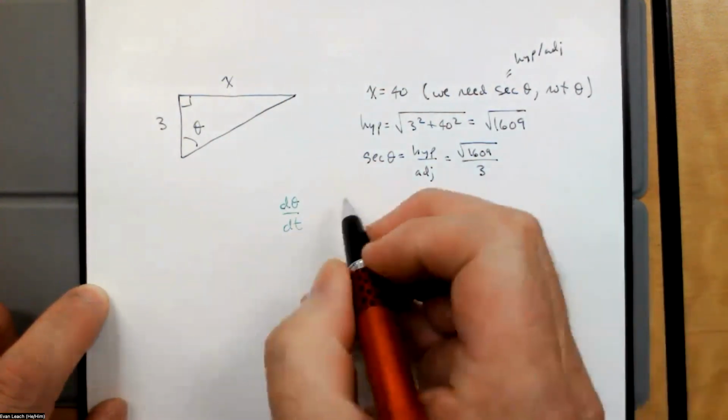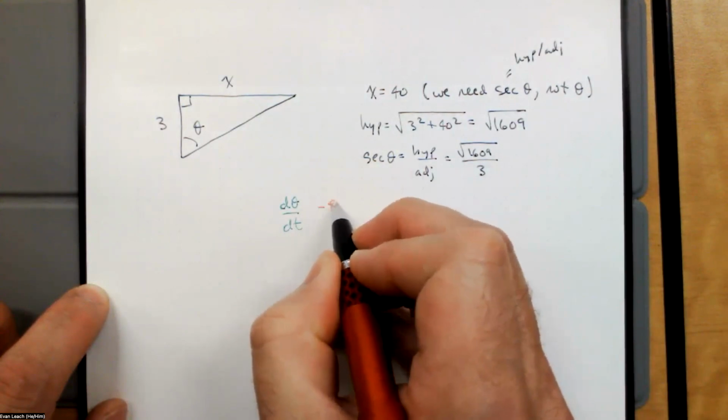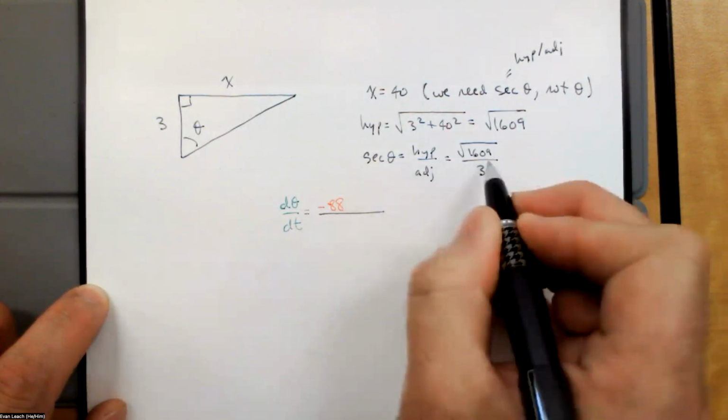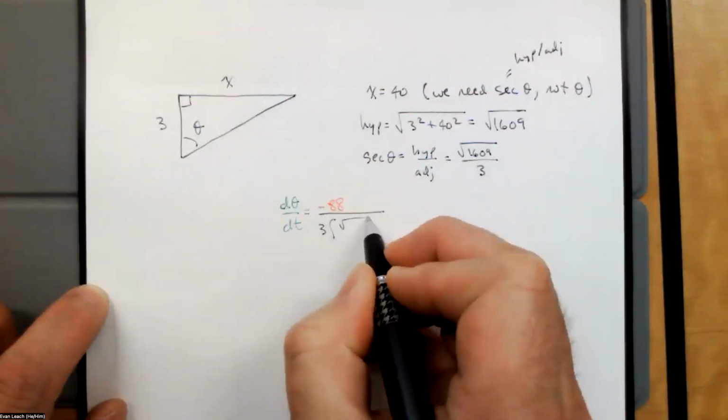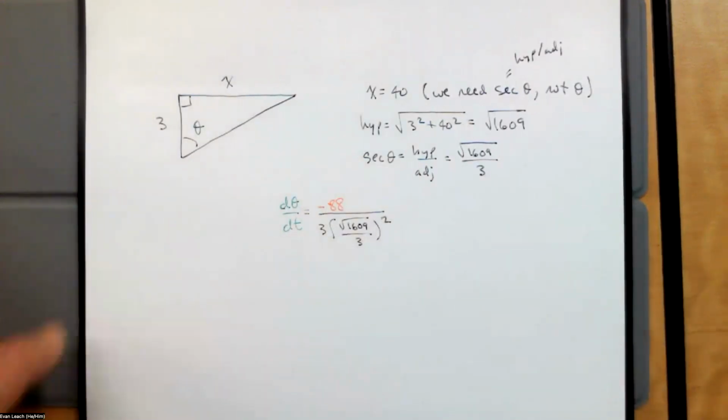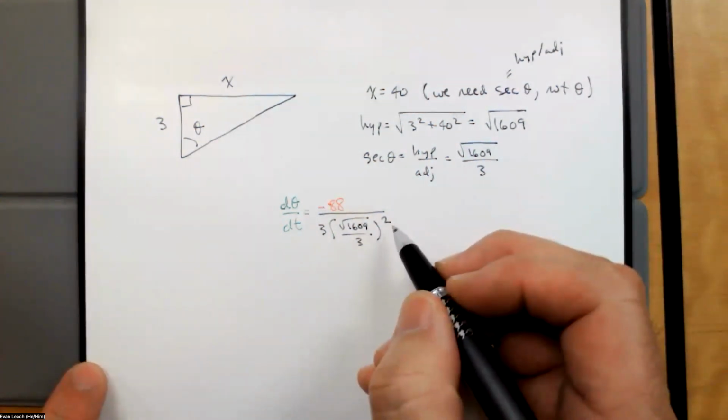Which is going to be negative 88 over 3 secant squared theta. So one of the threes cancel.